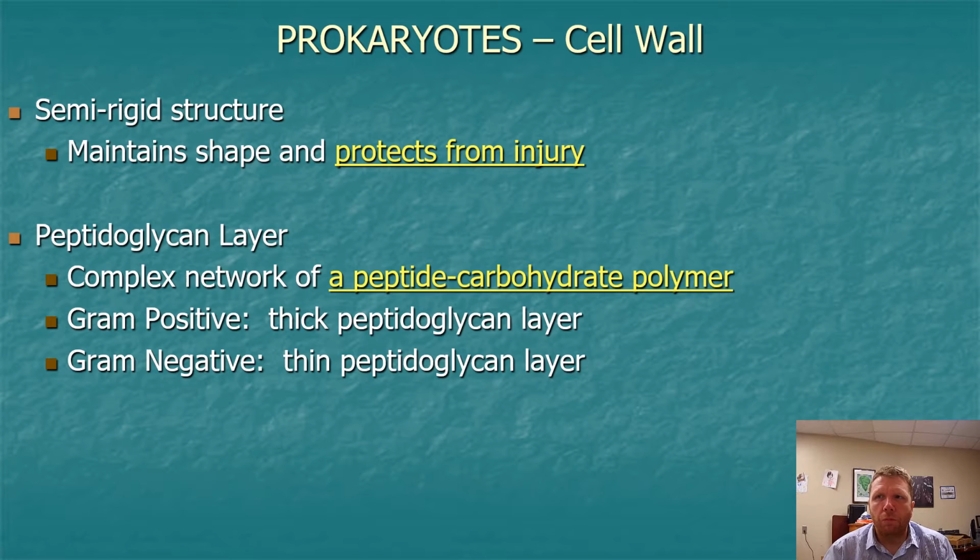Now, in a microbiology course or in lab, one of the things that you do early on is classify a prokaryote based on whether it is a gram-positive or a gram-negative cell. And that has to do with the thickness of the peptidoglycan layer. So a gram-positive bacteria has a very thick peptidoglycan layer, whereas a gram-negative has a very thin peptidoglycan layer.